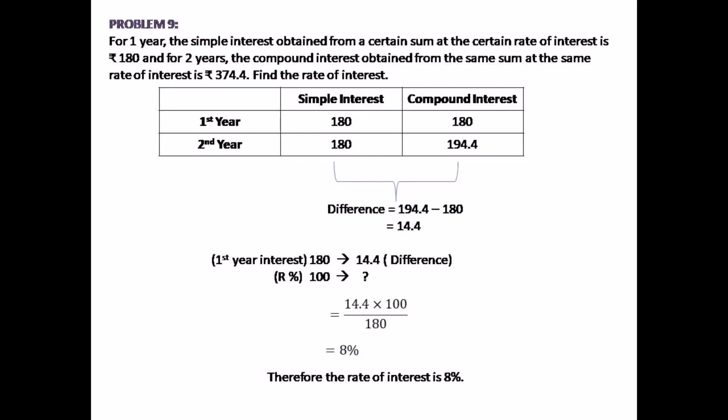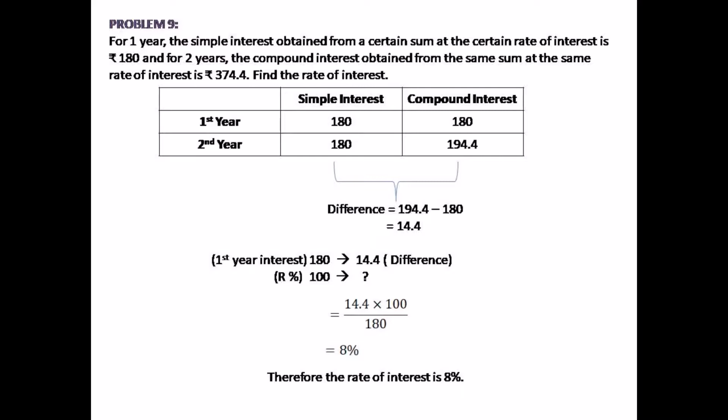For 1 year, the simple interest obtained from a certain sum, at a certain rate of interest is rupees 180, and for 2 years, the compound interest obtained from the same sum, at the same rate of interest is rupees 374.4. Find the rate of interest. Here for first year, rupees 180 is given as interest for both simple interest and compound interest. For second year, compound interest is rupees 194.4.